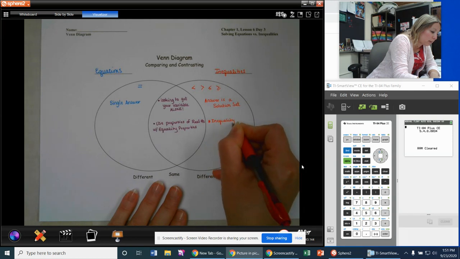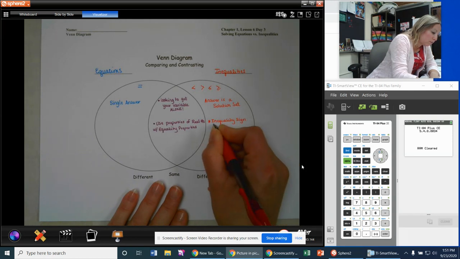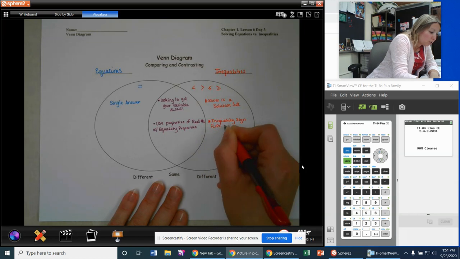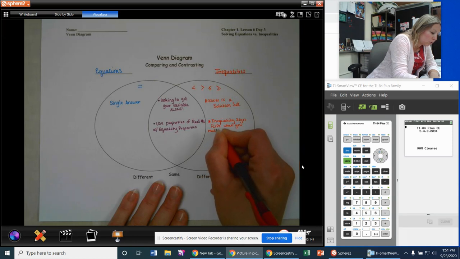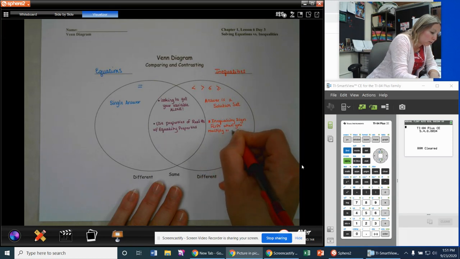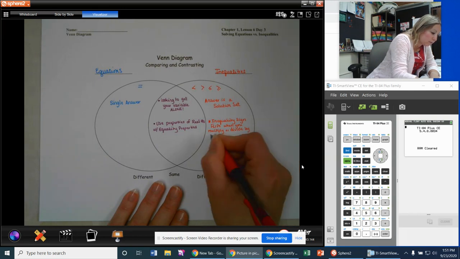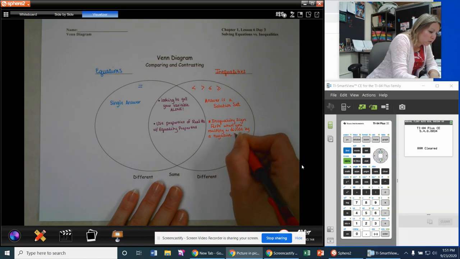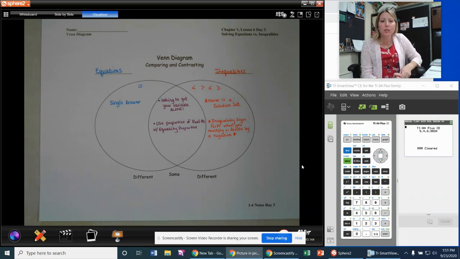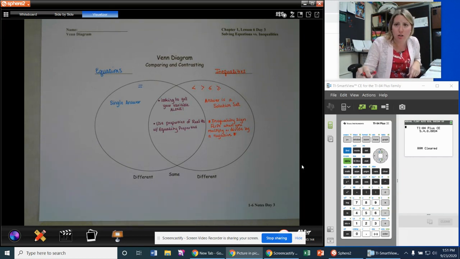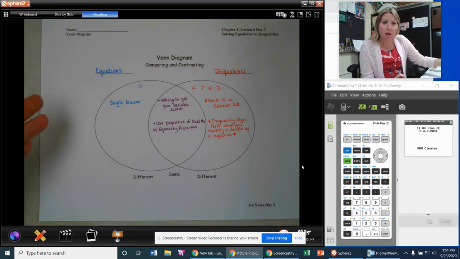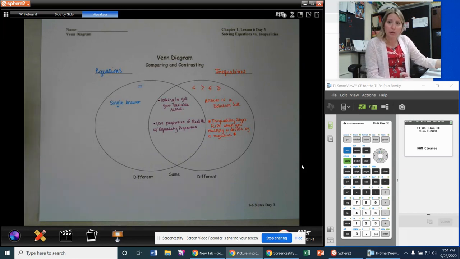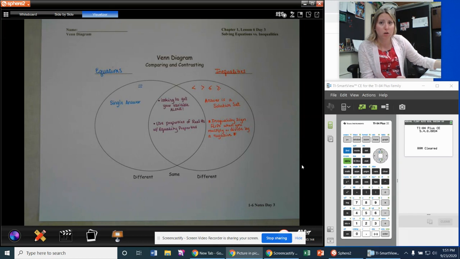So your inequality sign flips when you multiply or divide by a negative number. And that is something that is exclusive to the inequality side. I don't even need to say anything about that with the equation side because that is not something we ever worry about.